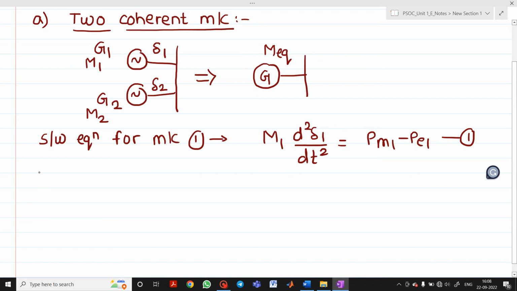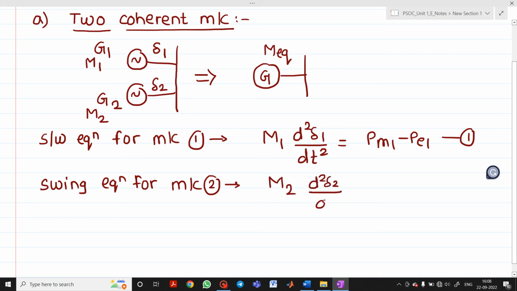Now I will write the swing equation for machine 2. What is the change? Nothing else, all the parameters are the same. We just have to change the suffix. M2 d square delta 2 upon dt square equals Pm2 minus Pe2. Treat this as equation number 2.